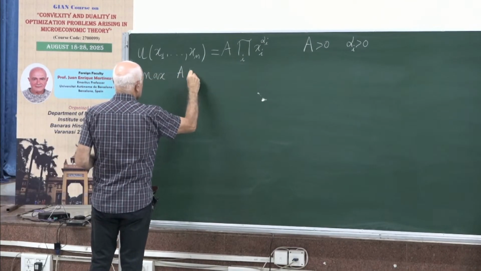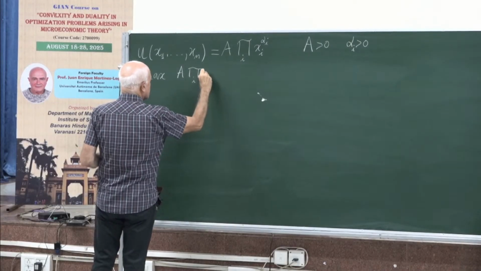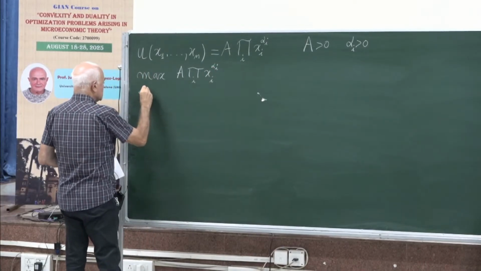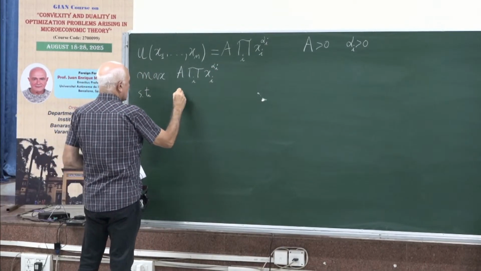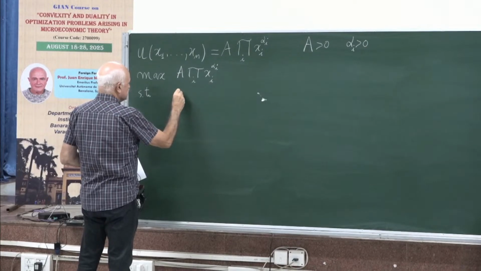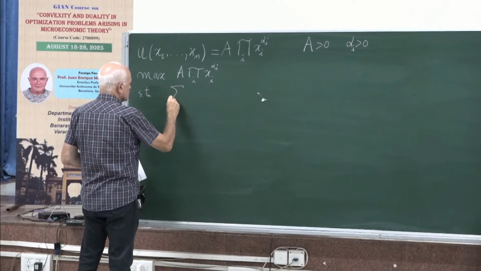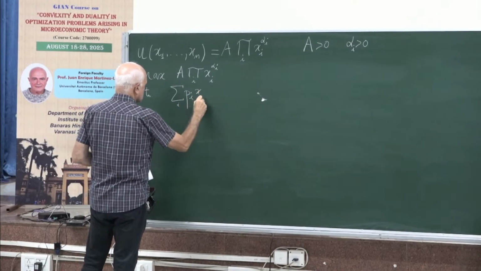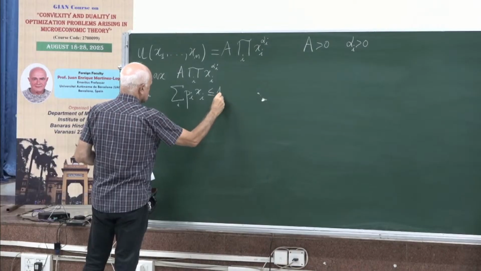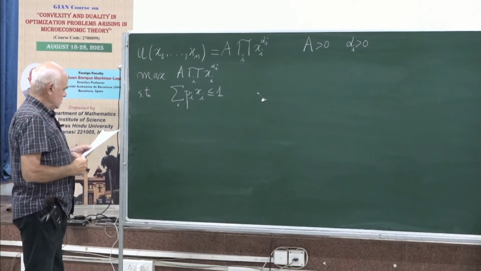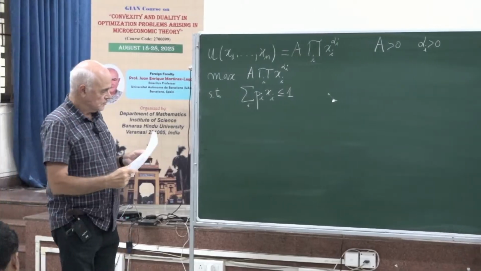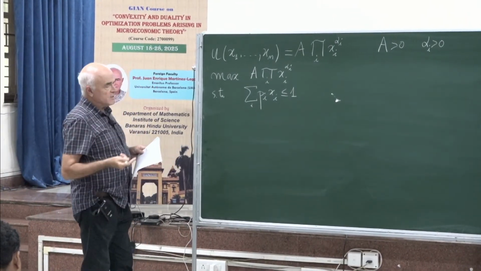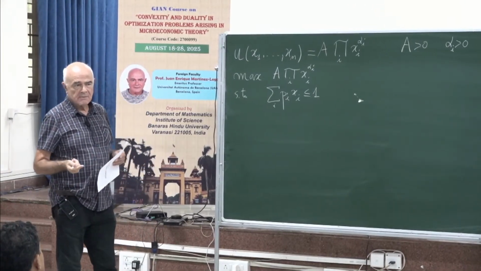And then we are going to solve the problem of maximizing u(x) subject to the budget constraint. Okay. Then we first consider a trivial case.